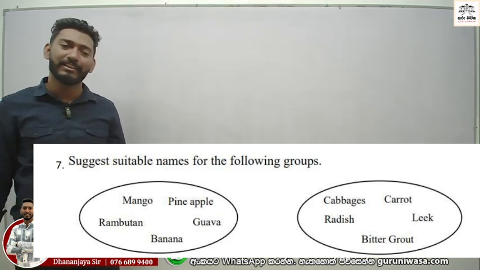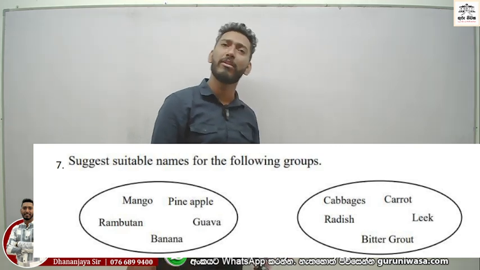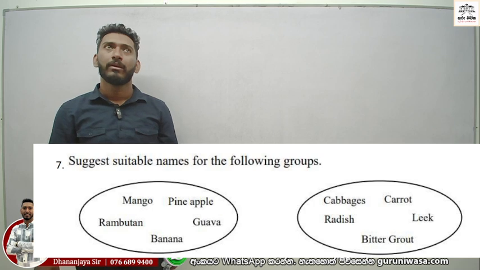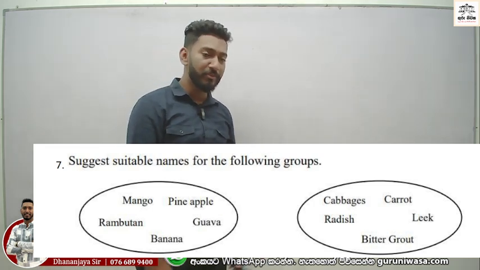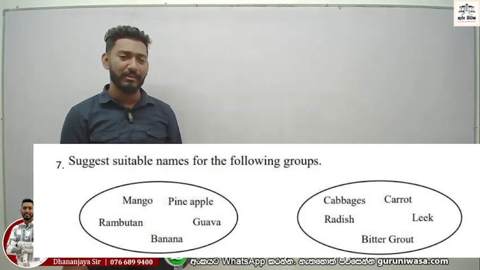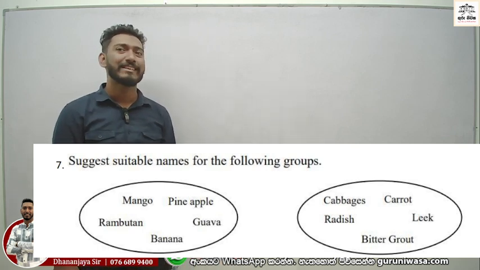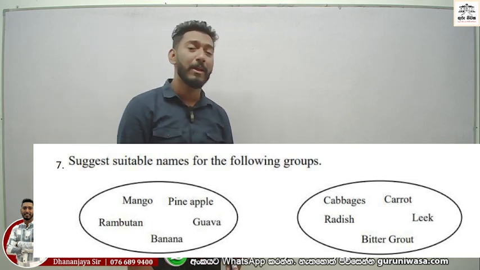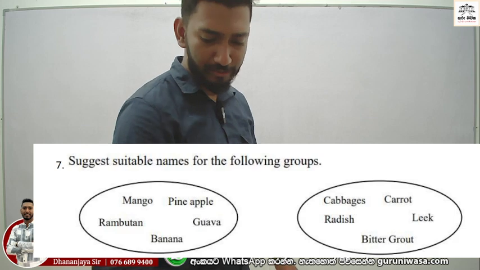The first circle: mango, pineapple, rambutan, guava, and banana. We call these fruits. And the next one: radish leaves, beetroot, carrot, cabbages. We call these vegetables. ලේසිම ලේසි.